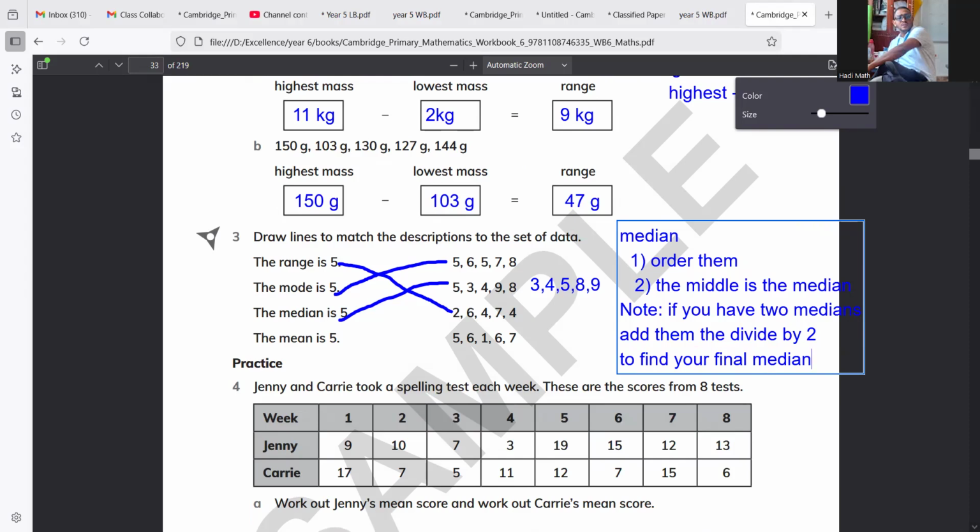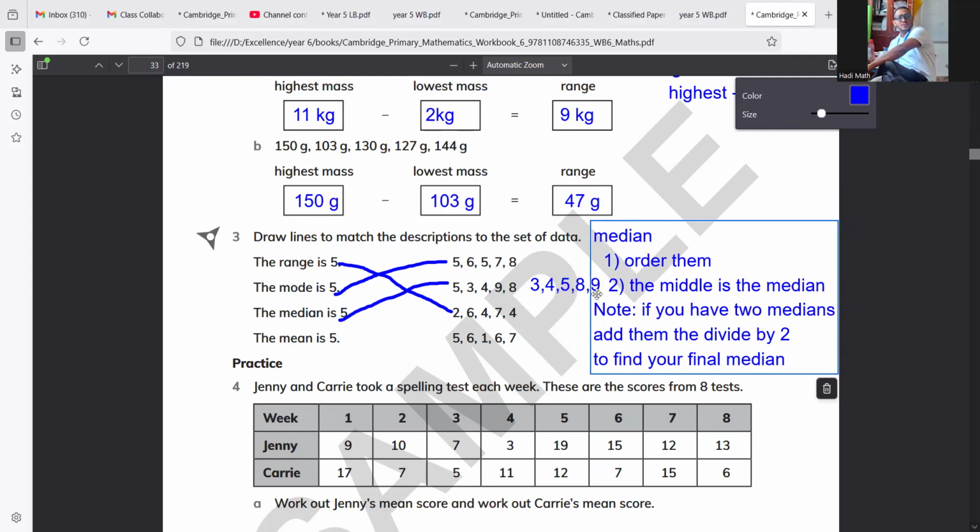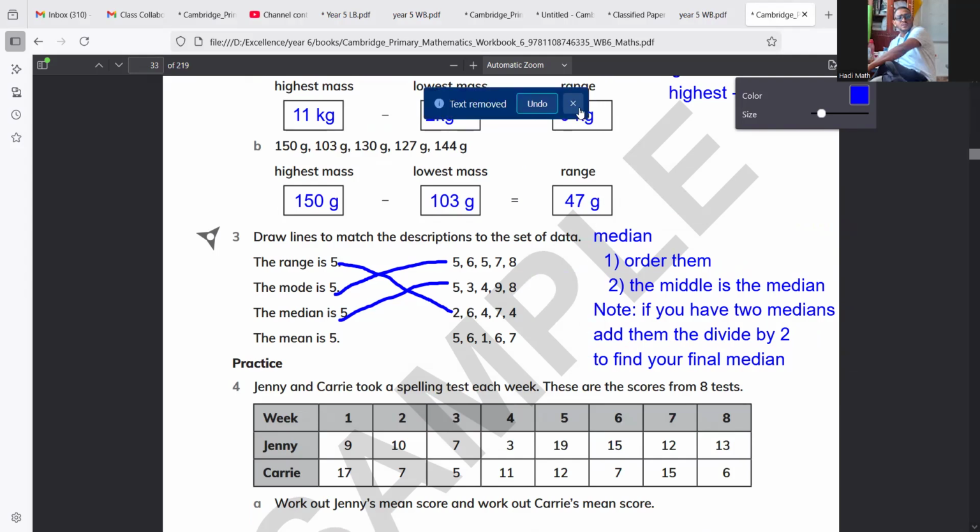So if we have numbers that have two medians, add them together and divide by 2.